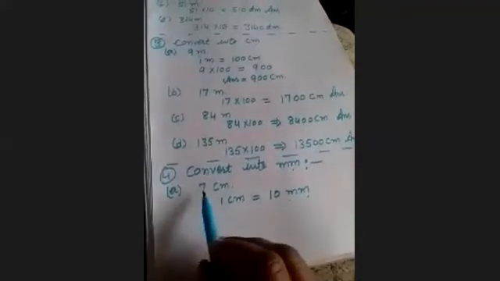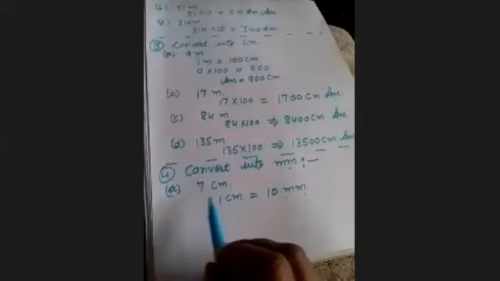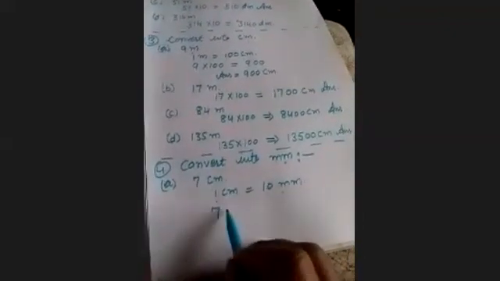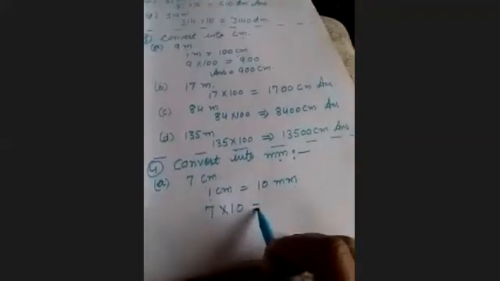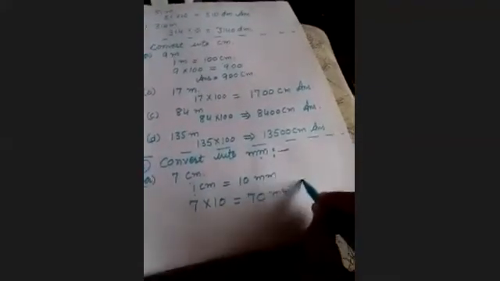In 1 centimeter, we have 10 millimeters. So to convert 7 centimeter into millimeters, we will multiply by 10. 7 multiplied by 10, 70 millimeter.